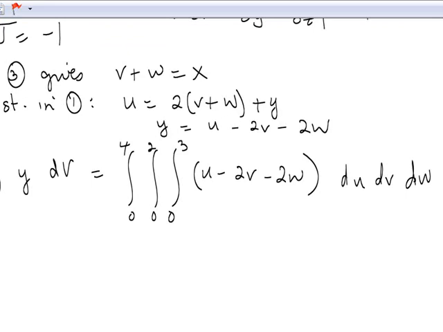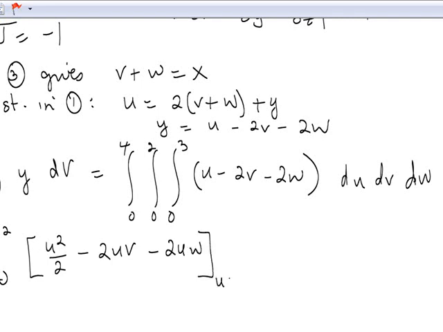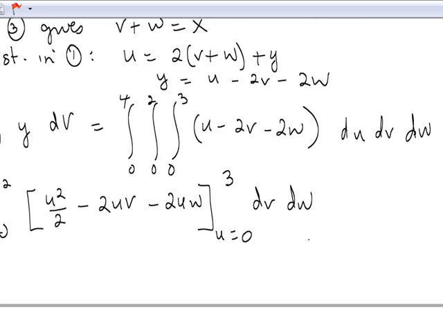Okay, 0 to 4, 0 to 2, integrate with respect to u: u squared over 2 minus 2uv minus 2uw from u equals 0 to 3, dv dw. Work that out: 0 to 4, 0 to 2, 9 over 2 minus 6v minus 6w, dv dw.